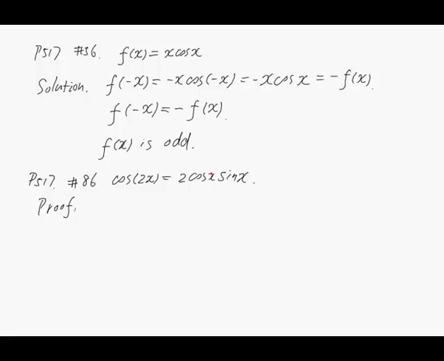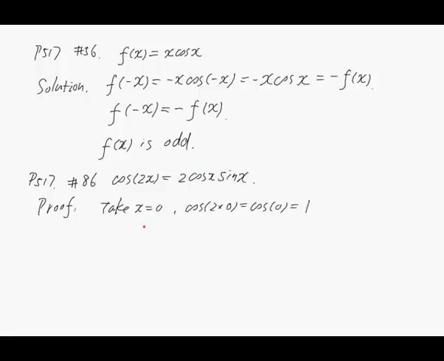So first, you may try some special angles. For example, 0, half pi, pi, 2 pi, or pi over 4, pi over 3, or pi over 6. Okay. So right now, let's just take x to be 0. And then we know the left side, cosine of 2 times 0, is equal to cosine 0, and this is equal to 1, right?